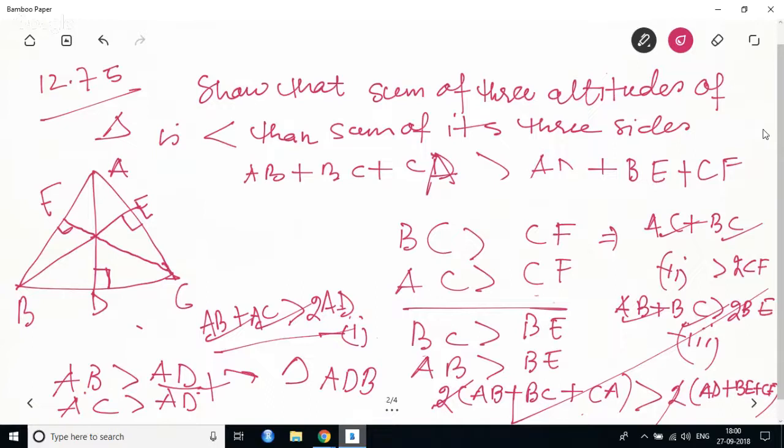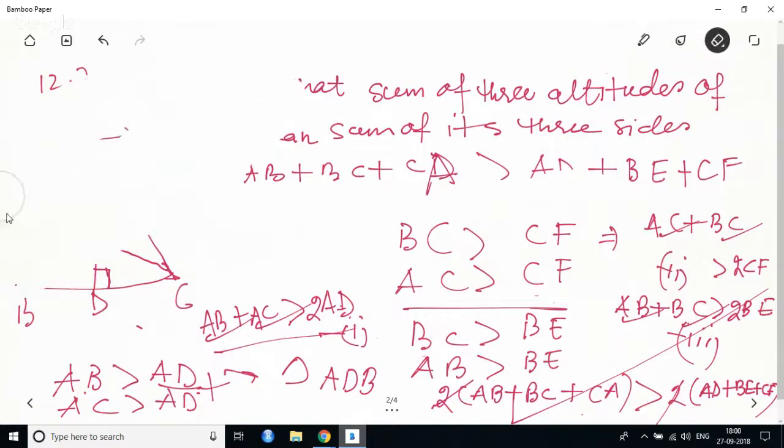Now let me move to another question which is on page 2.76 only. I'll solve two or three more questions and then I'll wrap up the session.